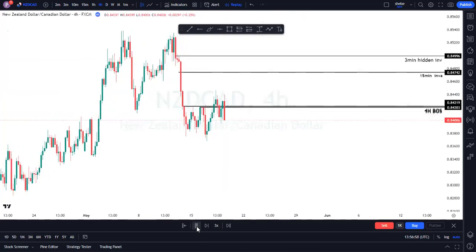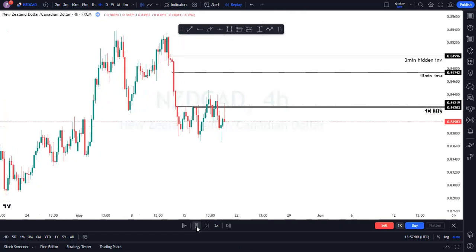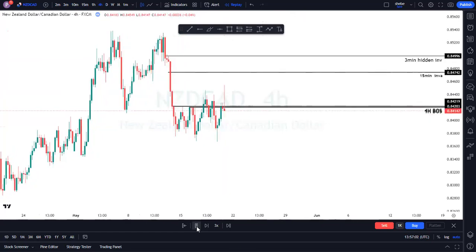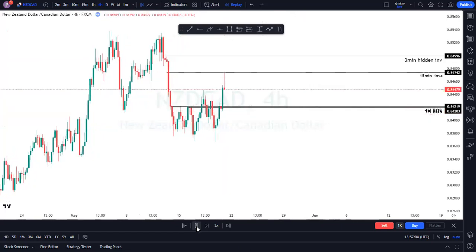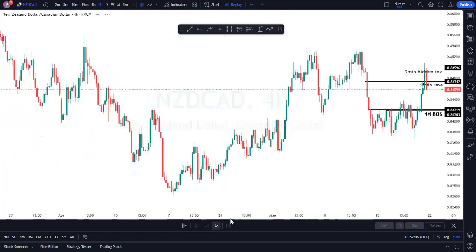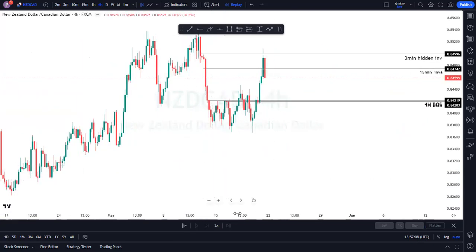I think now you see the point that the price came exactly to that hidden invalidation point and went down.